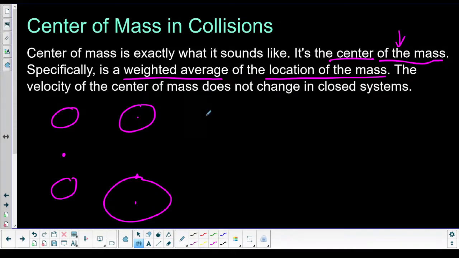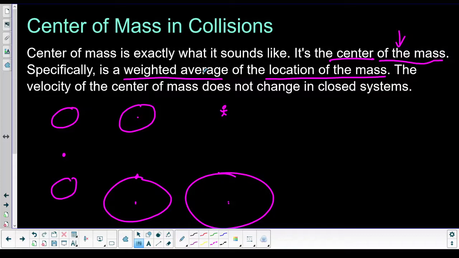And then if we take this kind of to the extreme, like the center of mass between a human and the Earth, here's the center of the Earth. The center of mass would be like there, because most of the mass is inside the Earth, right? So the weighted average part means that it's more towards where most of the mass is.